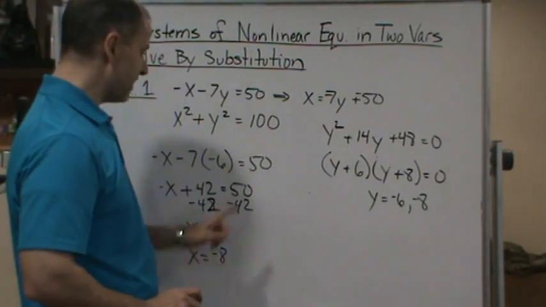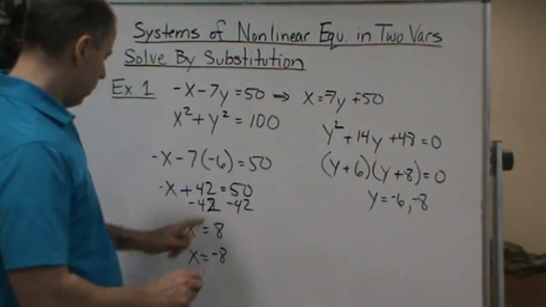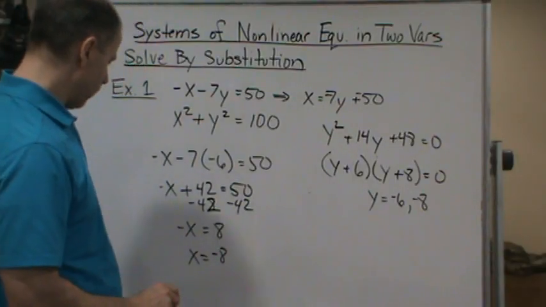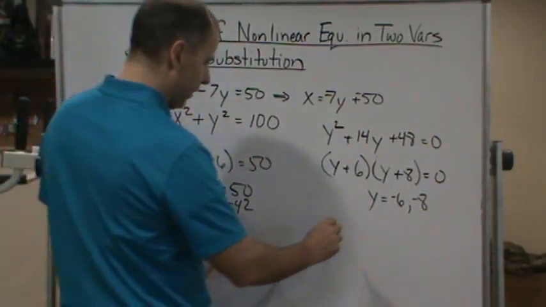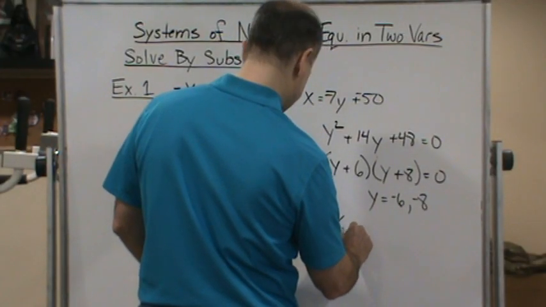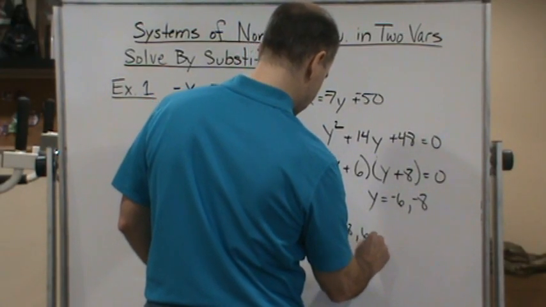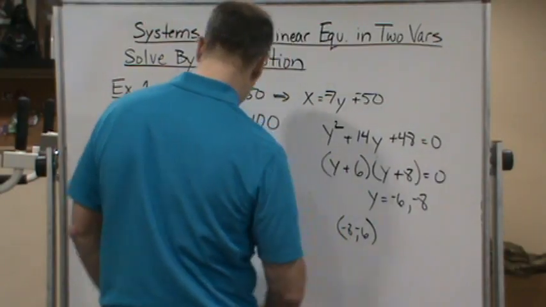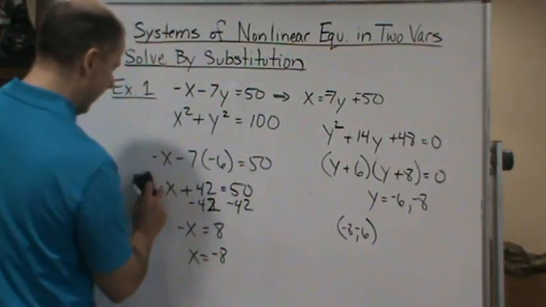I'm not done with the other one yet. So one solution is going to be negative 8 comma negative 6. Now what I'm going to do is plug in negative 8.